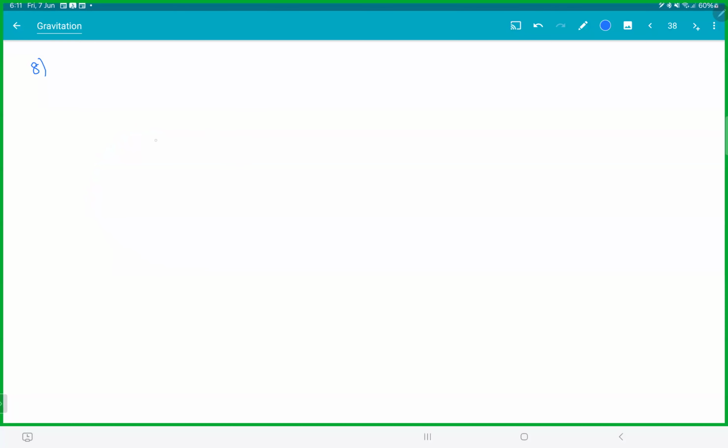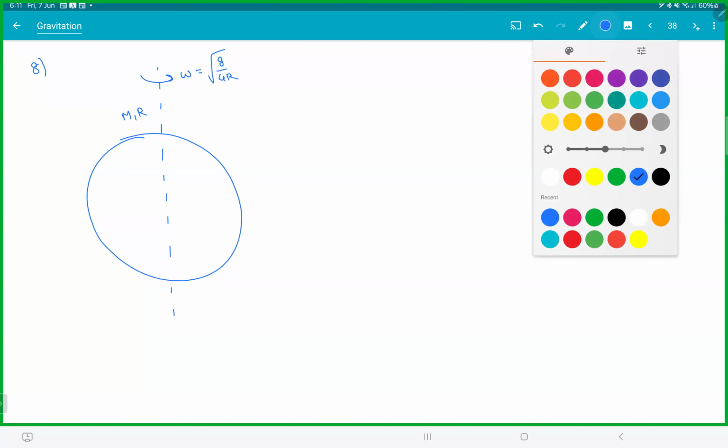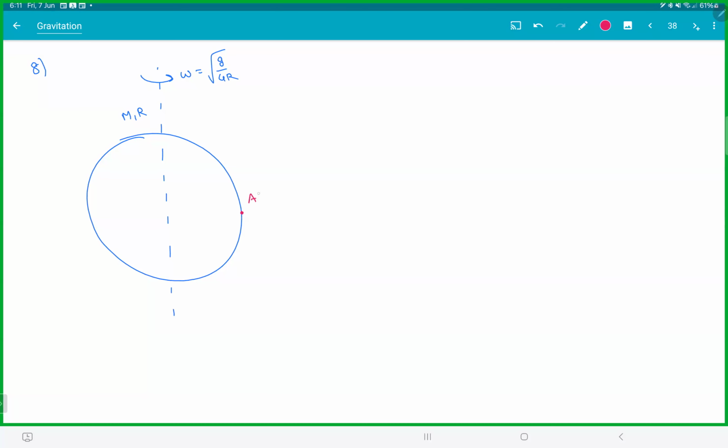We have a planet here, mass M, radius R, rotating with omega, which is root over g by 4R. A is a point on the surface on the equator. Then, due to internal forces, this thing got compressed to half the radius.